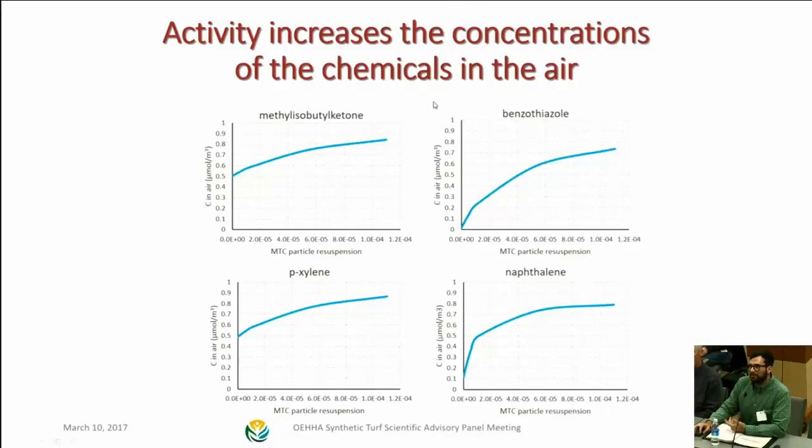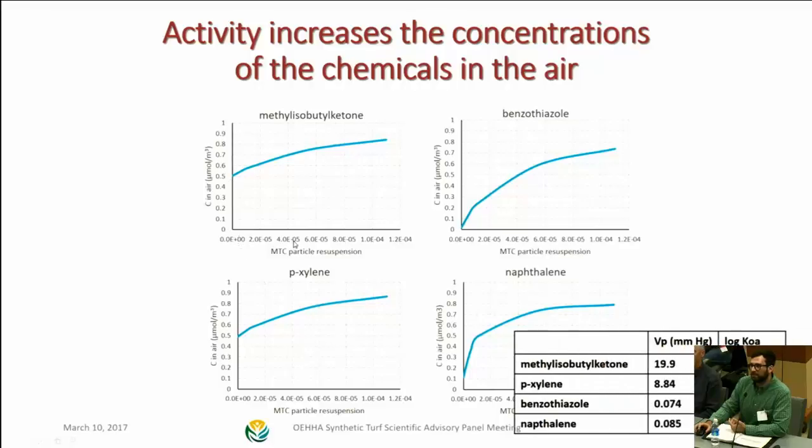So as you can see, for methyl isobutyl ketone and p-xylene, the concentrations increase slightly with increasing activity. And for benzothiazole, they increase a lot. The reason is because their starting point is different.